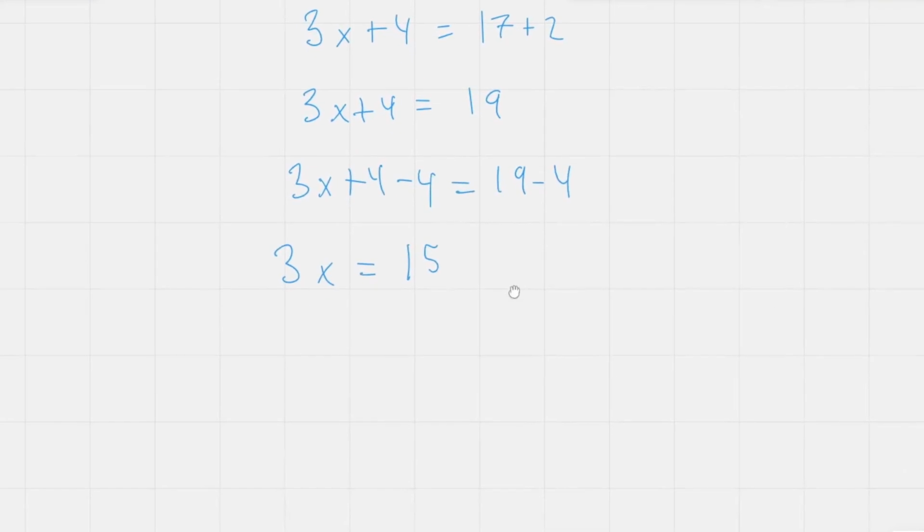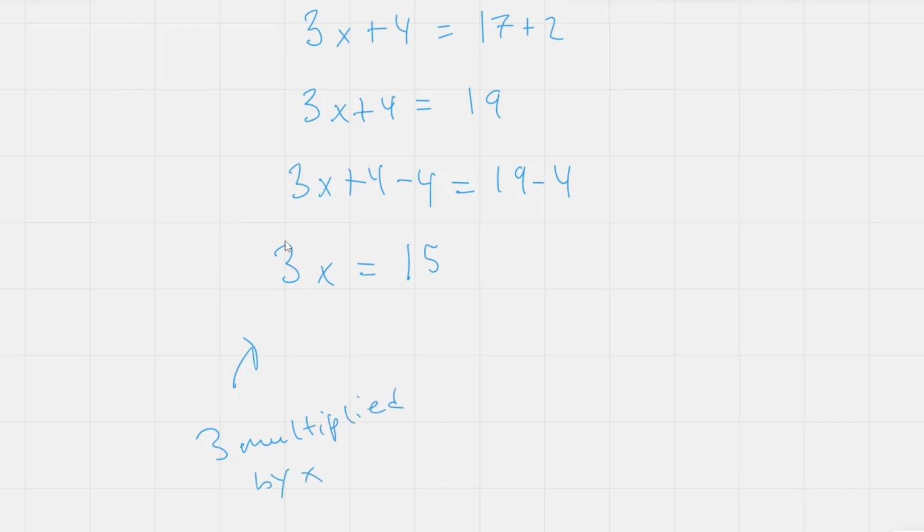So now we have this. Now, how do we isolate for our x value? This is a little bit complicated. I have a 3, a number in front of my x. How can I get rid of that? So what does this 3x mean? It just means 3 multiplied by x.